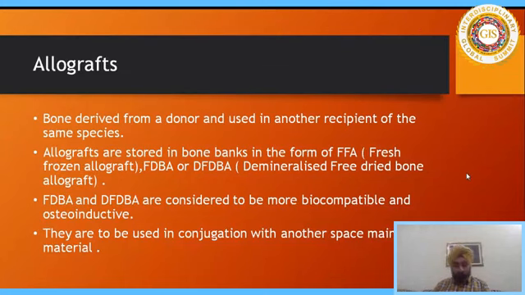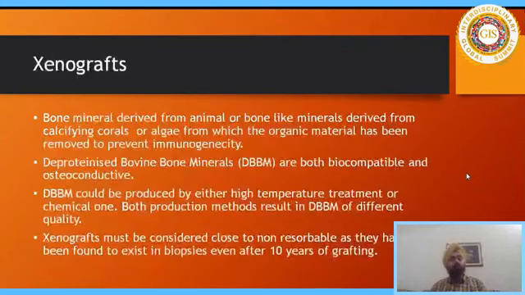Xenografts: bone mineral derived from animals, or bone-like minerals derived from calcifying corals or algae, from which the organic material has been removed to prevent immunogenicity. Deproteinized bovine bone minerals (DBBM) are both biocompatible and osteoconductive.